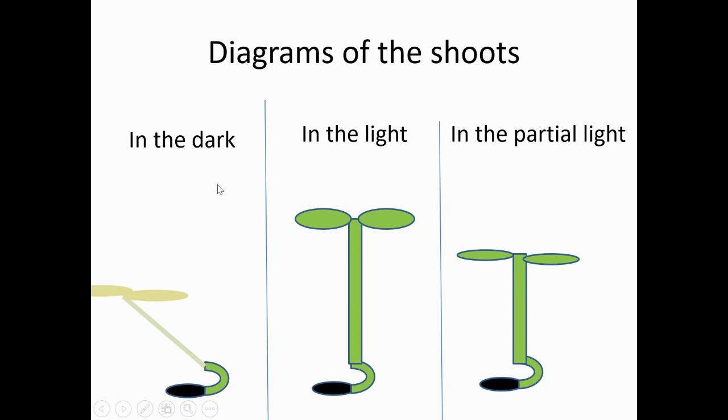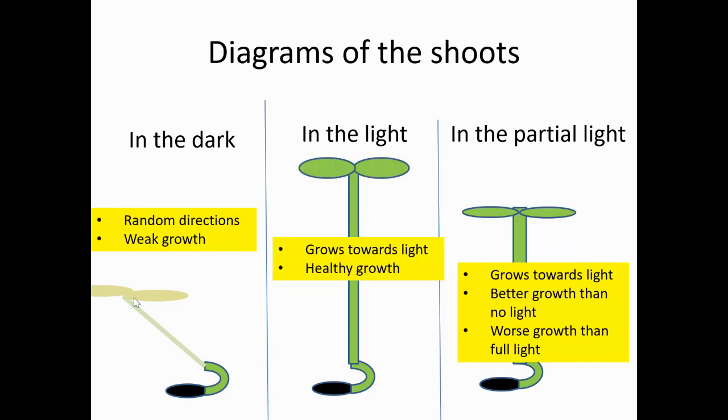In the dark is pretty interesting because you'll probably find that there isn't any directionality to the growth. As soon as the plant germinates, it will just keep growing in a straight line, randomly, depending on how it's popped out of the soil. The growth will also be much shorter than the other two because it is missing that light for photosynthesis.